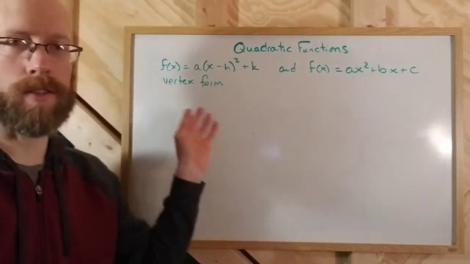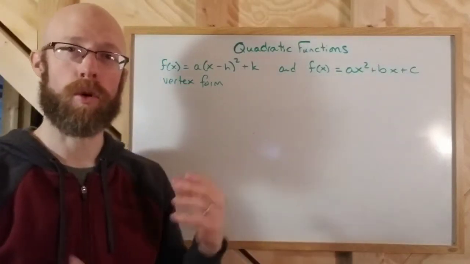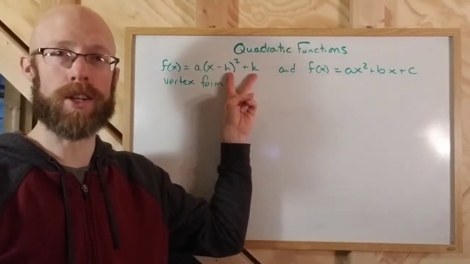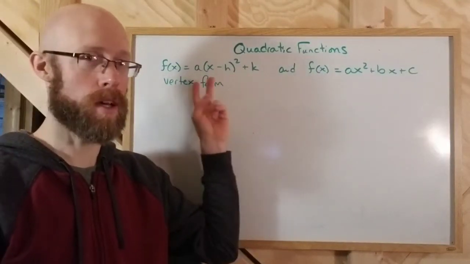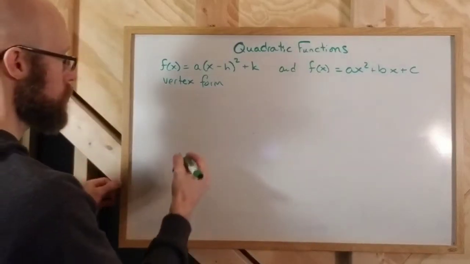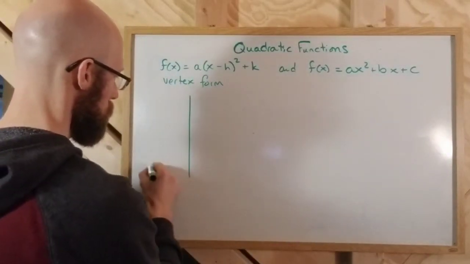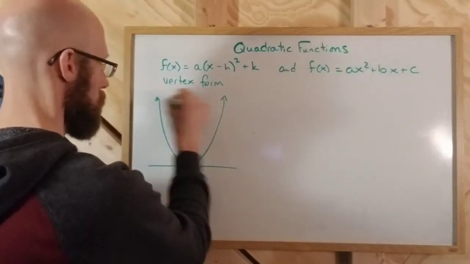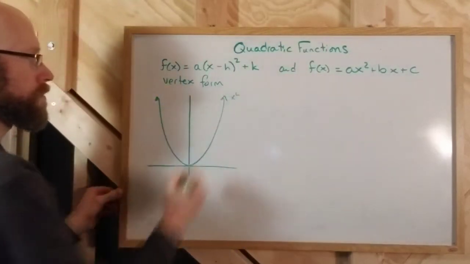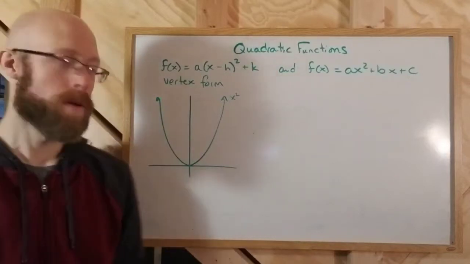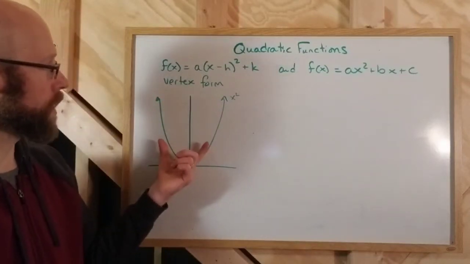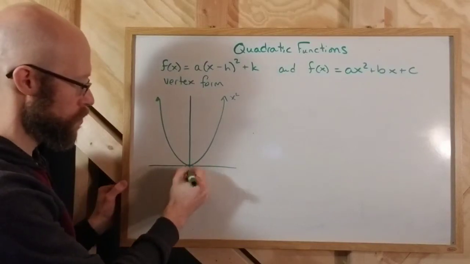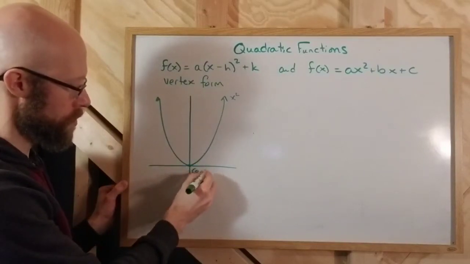It's called the vertex form because the coordinates of the vertex show up as the values of h and k respectively. Okay? And so what happens is, if you have the standard parabola, just the x squared function, the squaring function, and you shift it, notice the original vertex is at (0, 0).